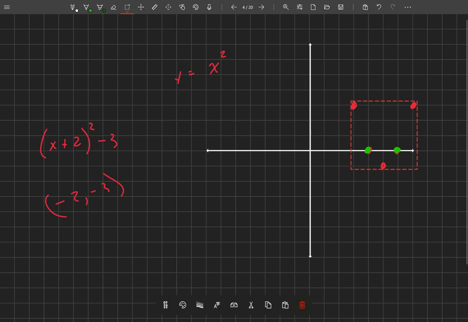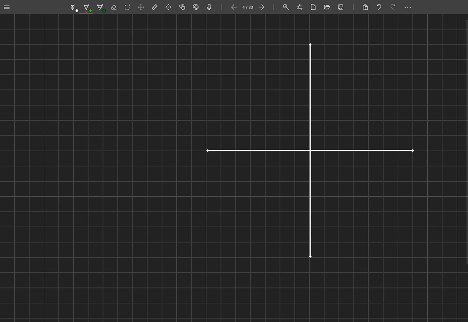And so then I could just fill in the rest of these dots. So the point is, if I know where it's going to cross the x-axis, here and here, if I know those places, then I can quite easily graph the parabola. All right? So let's see if we can figure out how to do that.